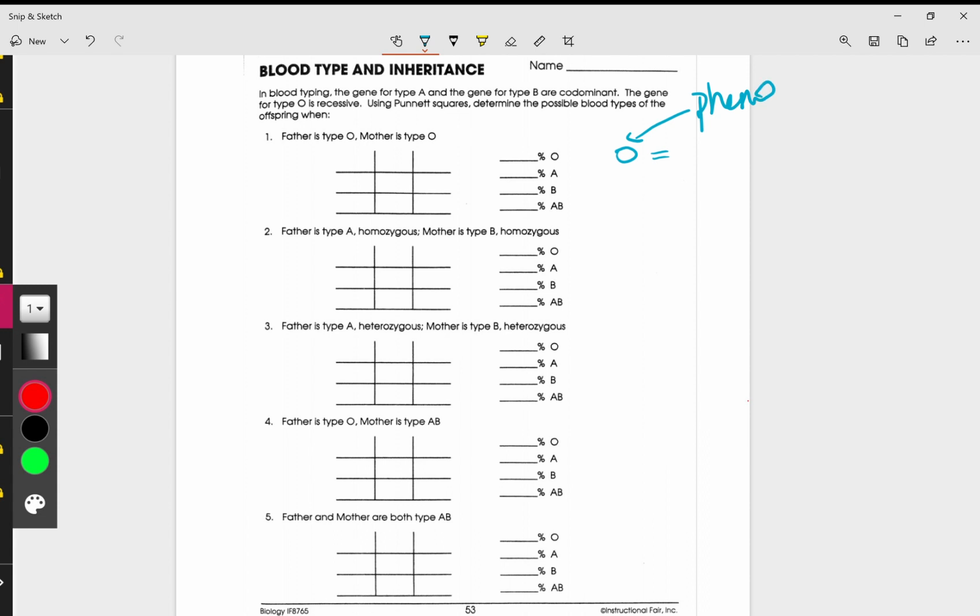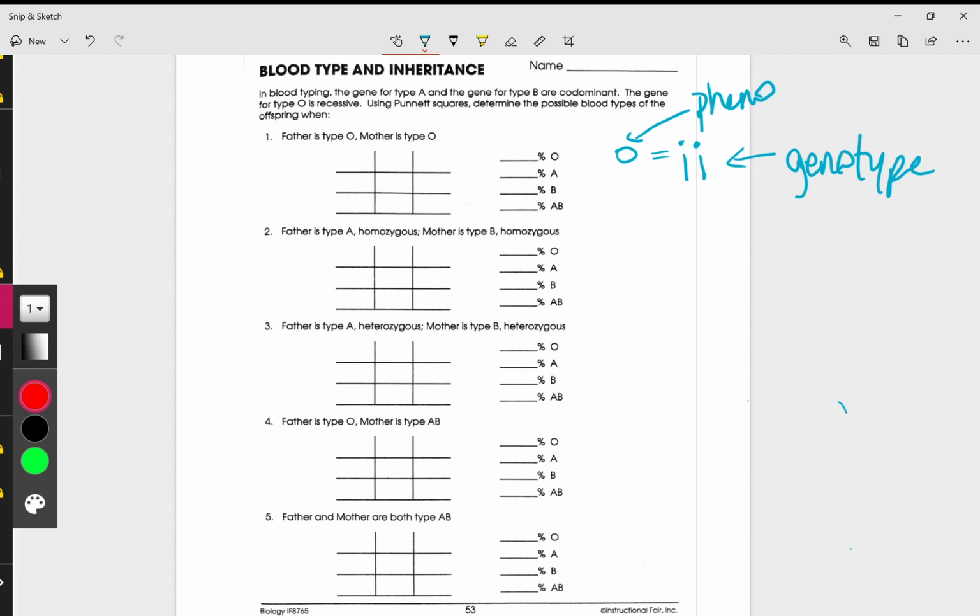When people tell you what your blood type is, they'll say you have A, B, O, or AB, just like listed here. So, when they tell you you have O, that's the phenotype. The genotype will look like this, the two alleles. This is the true genotype.